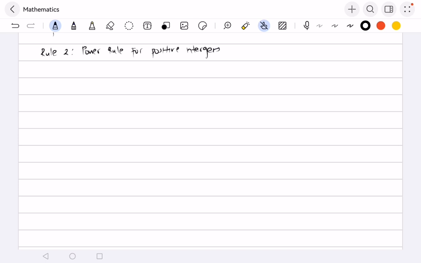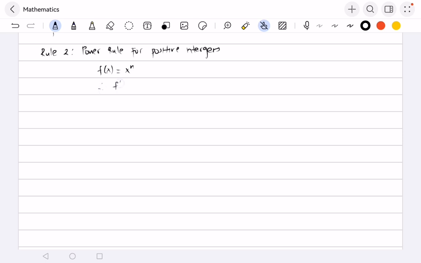So if n is positive, say for example, you have your function f of x equals x to the exponent n, and we assume that n is a positive integer.